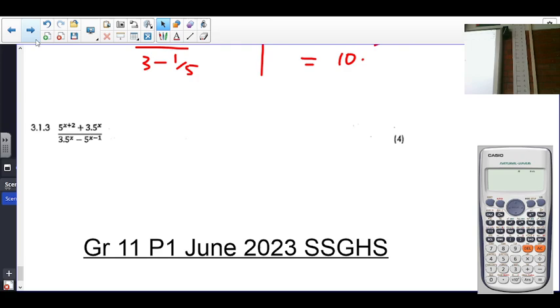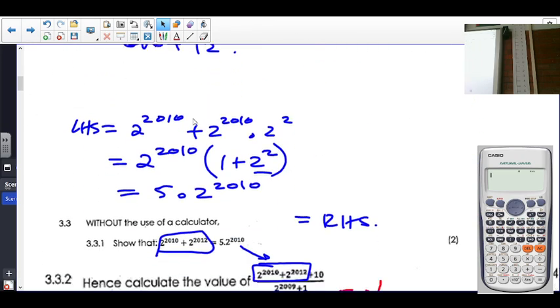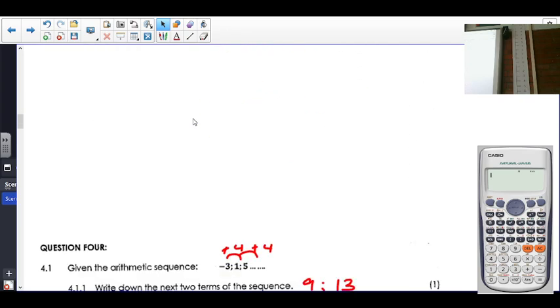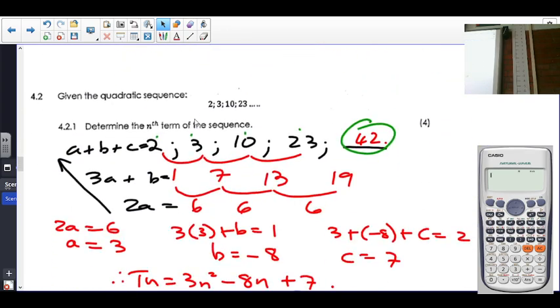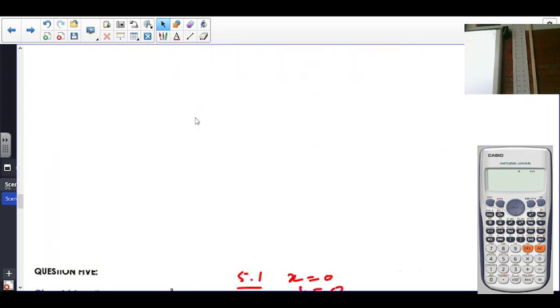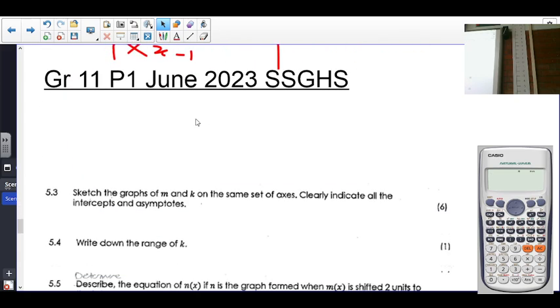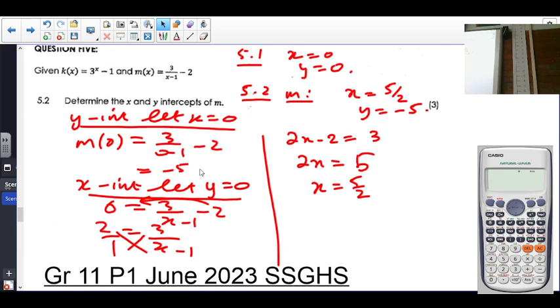Did we do this one? Okay, that was the repeated one. All the way down. As we said, there were a couple of good questions in this paper. So yesterday we spoke about question 5.1, 5.2.